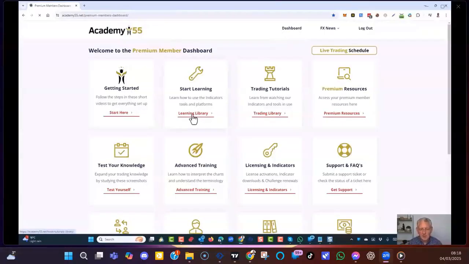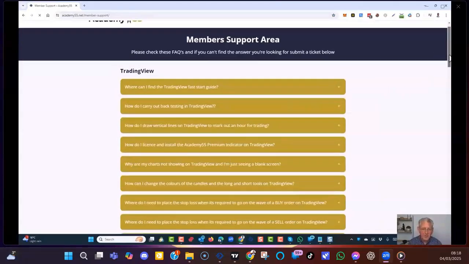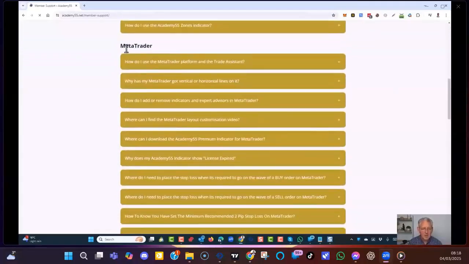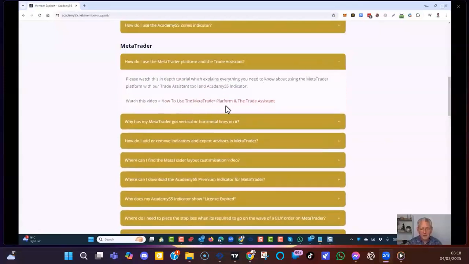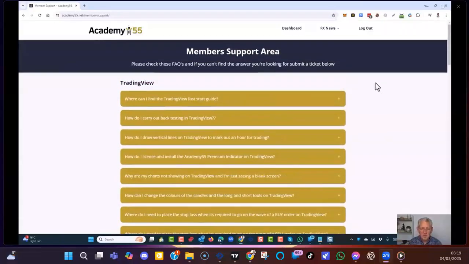One more thing to mention: if you're looking for anything in particular, come down to the support section of FAQs and click on Get Support. In this area you'll find a detailed FAQ section. For example, if you're looking for an answer to a question about MetaTrader, have a look through these, and once you click through you'll find direct links to videos that give you answers to most of the questions we get asked on a regular basis.